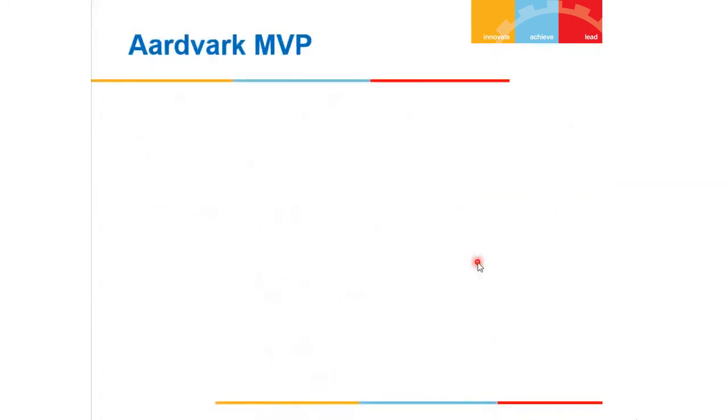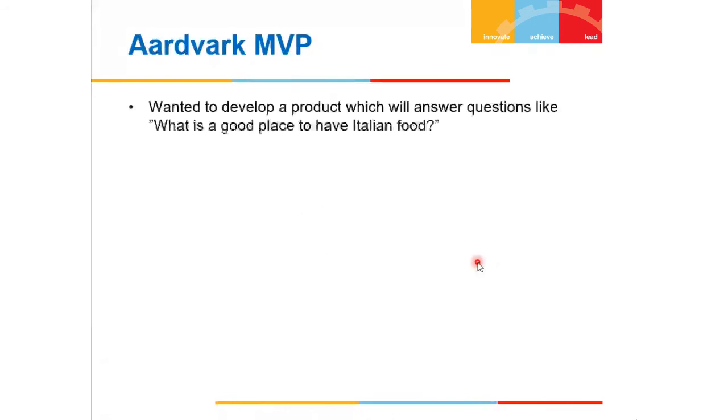Another company called Artwork. This one wanted to develop a product which will answer questions like, what is a good place to have Italian food? So let's say you go to Delhi, you're in Connaught Place, and you're looking for Italian food.